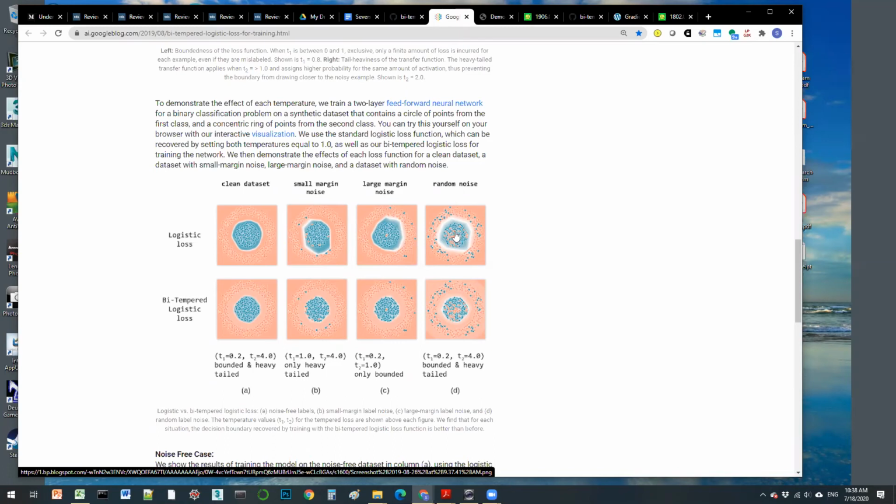so you can see a lot of blue dots, a lot of red dots within the blue and then a lot of blue dots within the red, you can see that with logistic loss, it tries to really stretch to comprehend the boundary.